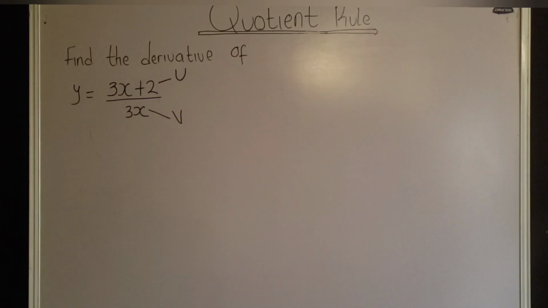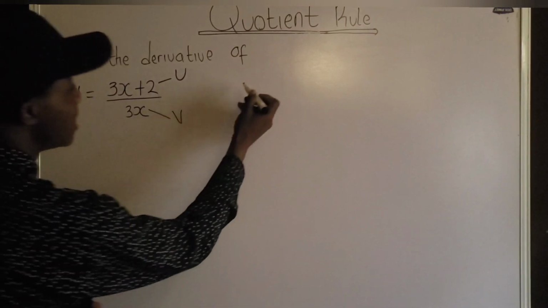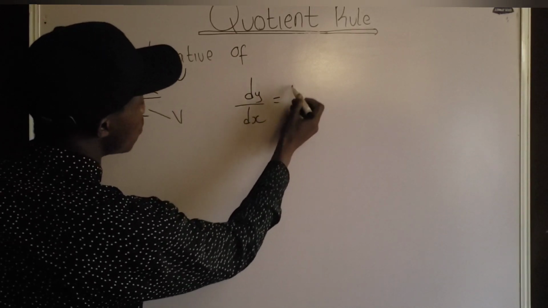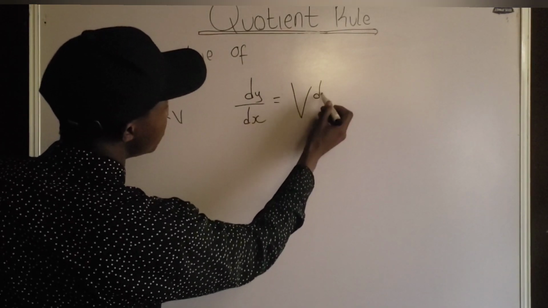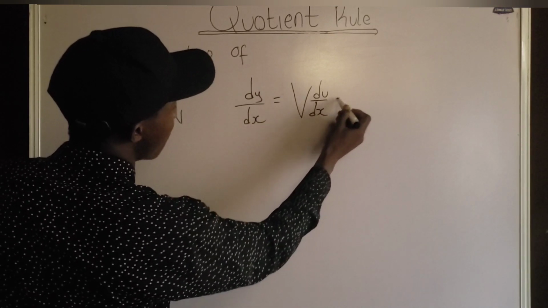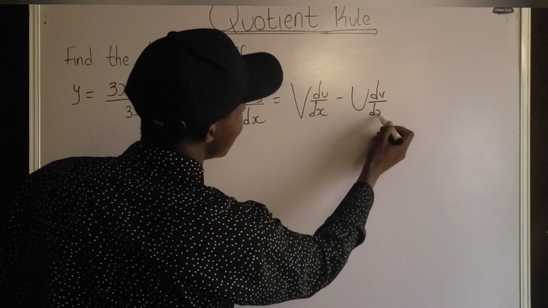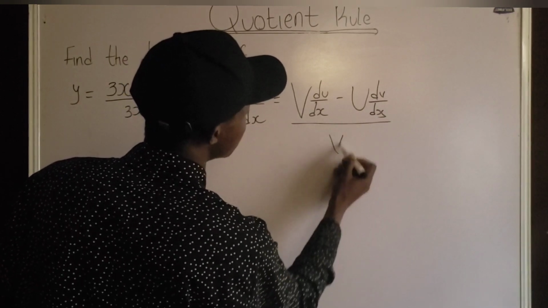After this, the next step is to remember your formula. Don't forget that the quotient rule formula states that dy over dx is equal to v du over dx minus u dv over dx, all over v squared.